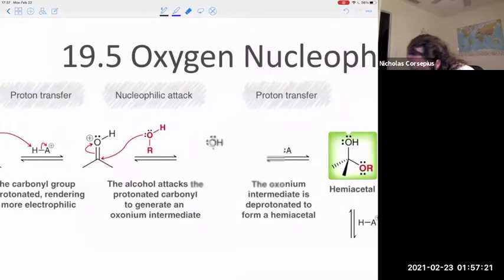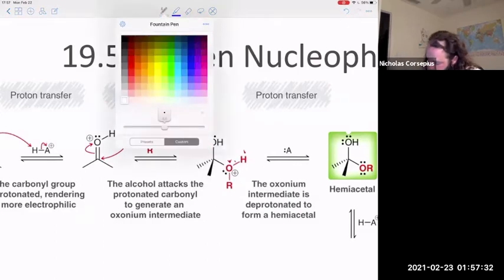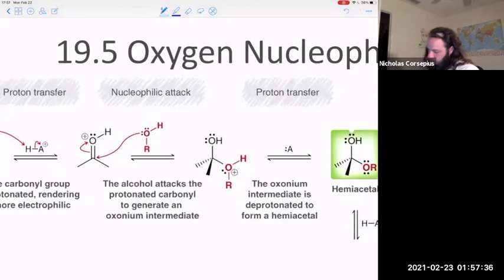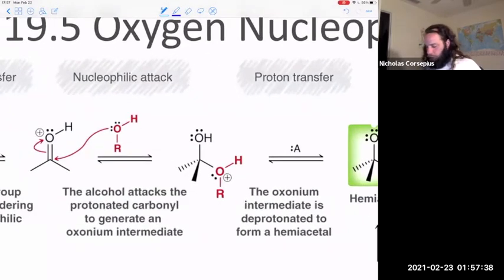This creates an intermediate where the oxygen has a positive charge on it. All right, so just to clean this up and take a look at this. We have our intermediate here where our oxygen has a positive charge because it's got three bonds. Okay, remember that's okay to have a positively charged intermediate because we're under acidic conditions.